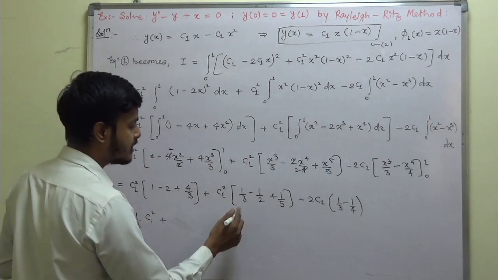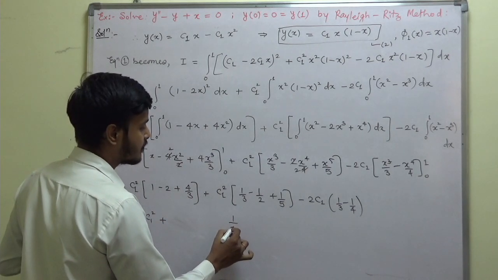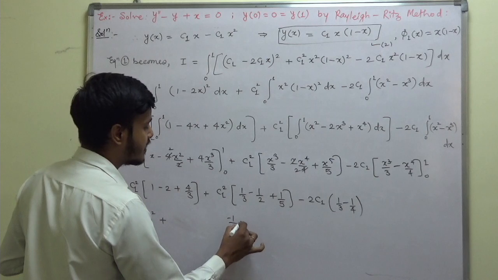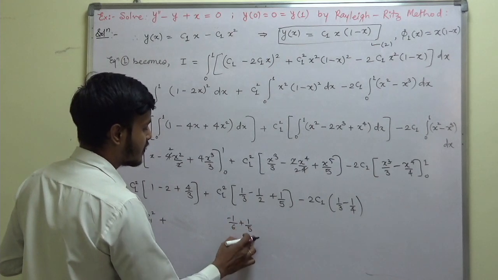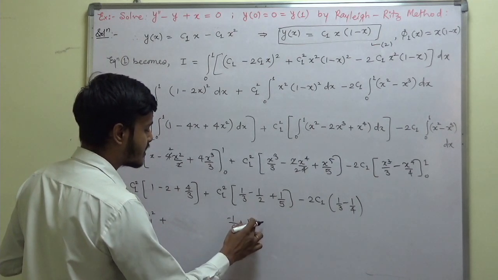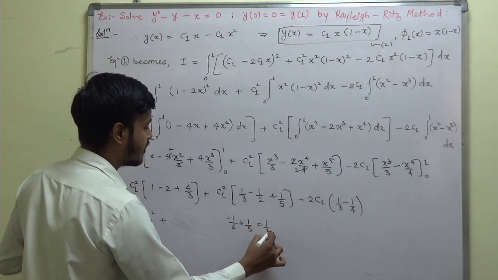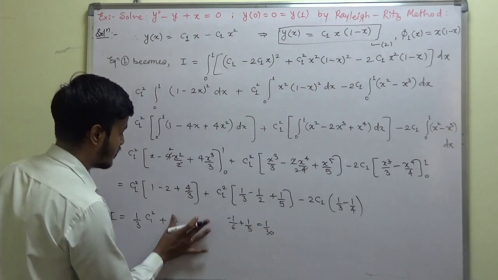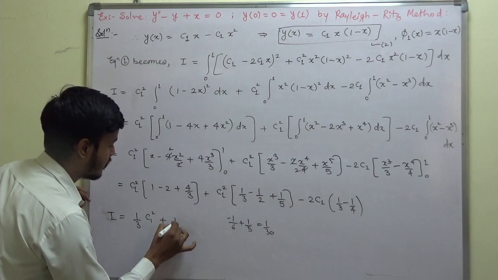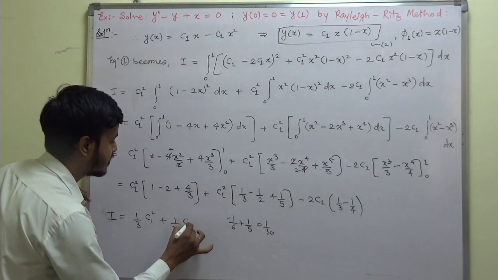Plus, minus 1 by 2 plus 1 by 5 gives minus 5 plus 6, so 1 by 30 c1 square.